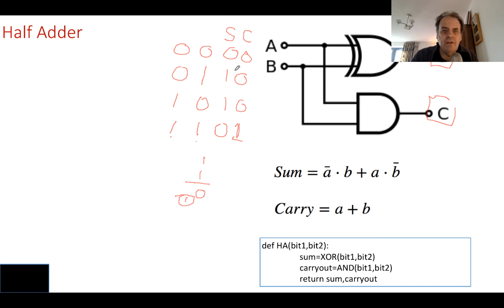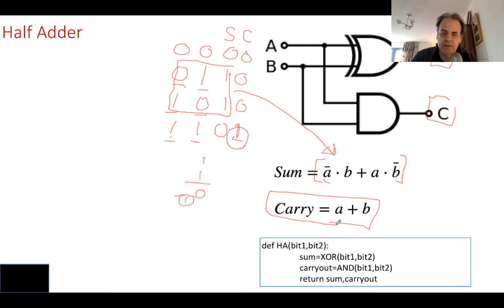So if we work out the logic, the sum is like an XOR circuit. That's the logic of an XOR circuit: it's A bar and B, or A and B bar. So we've got to break it down into simpler logic. And the carry becomes A and B. So that's the carry there.